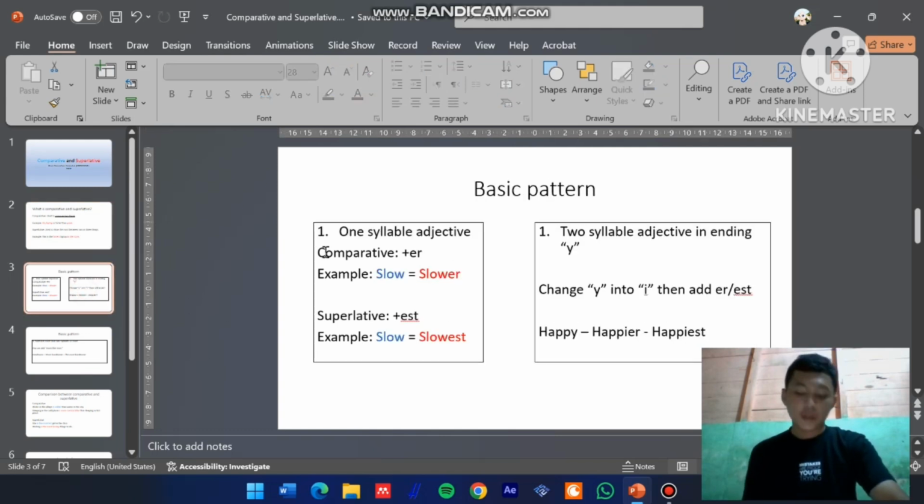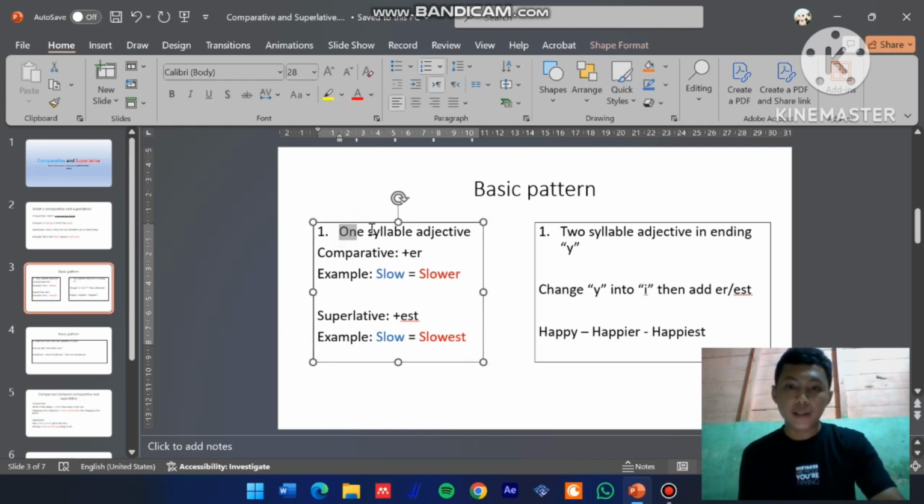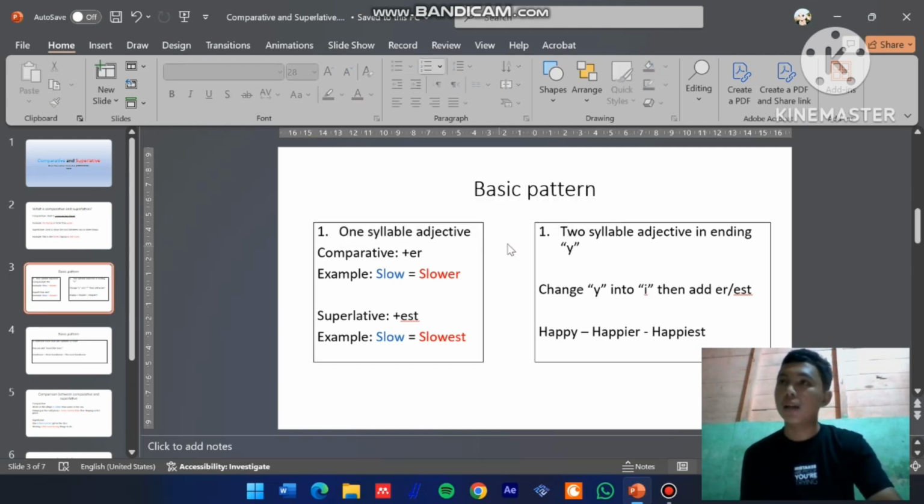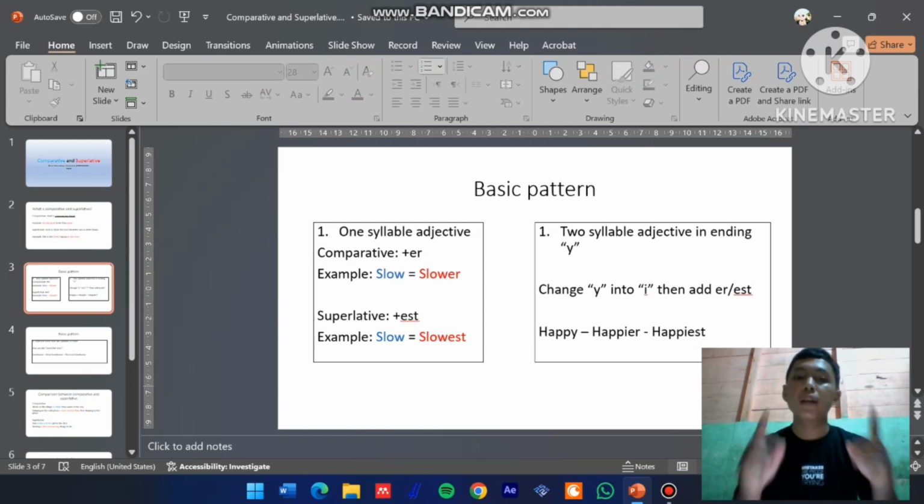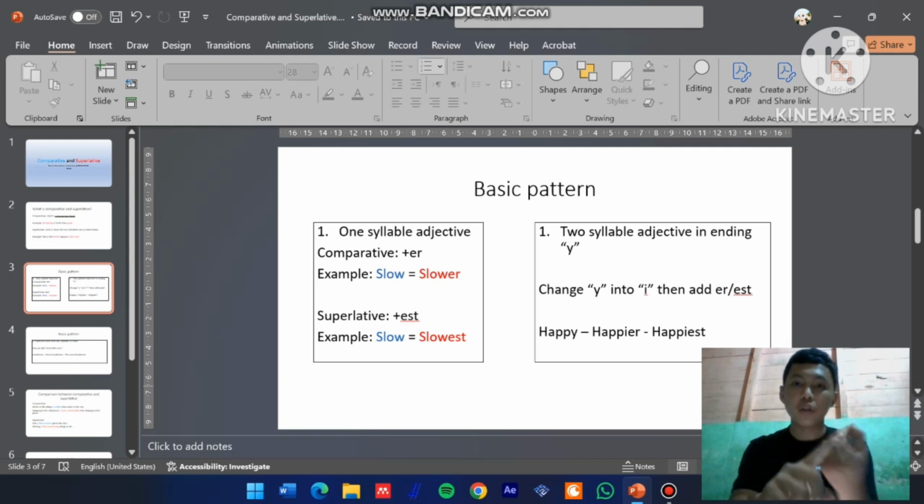Next, I have the basic pattern in here. Basic pattern means the basic rule or the grammar for comparative and superlative. Now let's begin with comparative first. For one-syllable adjectives, that means when you say it, you just say it in one syllable. For example, fast. You say fast, it's only one syllable. But if you say beautiful, it is three syllables.